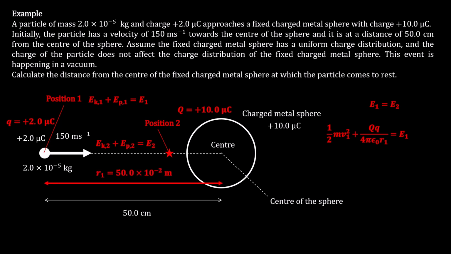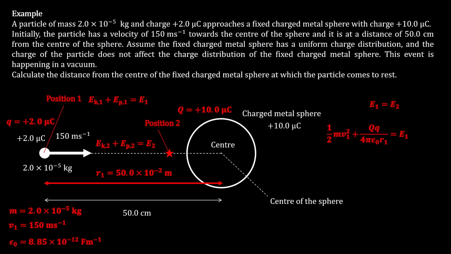R1 is equal to 50.0 × 10^-2 meter. m is simply the mass of the particle, which is 2.0 × 10^-5 kilograms. v1 is equal to 150 meters per second, which is the velocity of the particle at position 1.